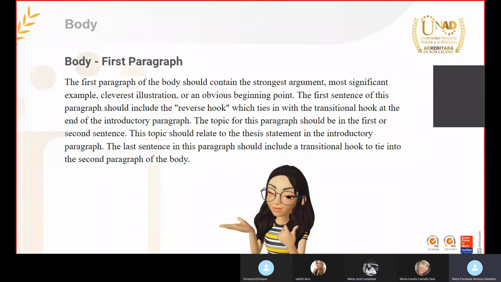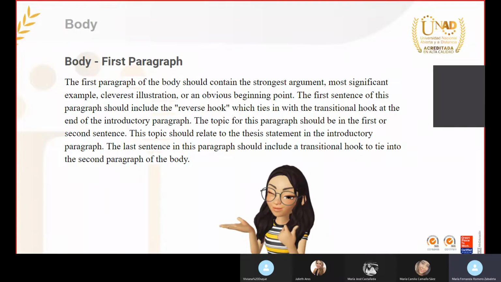Okay, so next, once we have already done the introduction of our essay, we can go into the body of the text. So the first paragraph of the body, because you remember the body has 3 paragraphs, should contain the strongest argument, the most significant example, the clearest illustration, and an obvious beginning point.